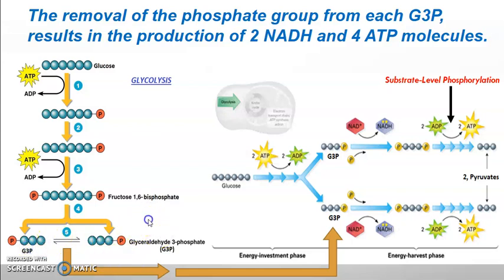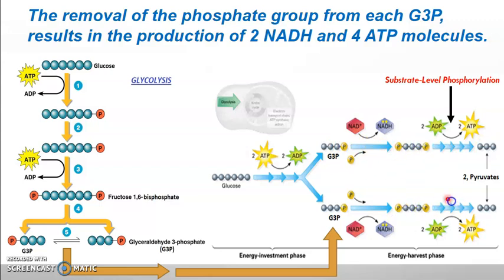And next, if we follow the arrows here, those 2 G3Ps, so right here, bring your attention, are going to get converted into 2 3-carbon pyruvates, or pyruvic acids. Now notice there are several steps going along to get there, right? From G3P to pyruvate, but I'm not going to have you memorize these nitpicky things.